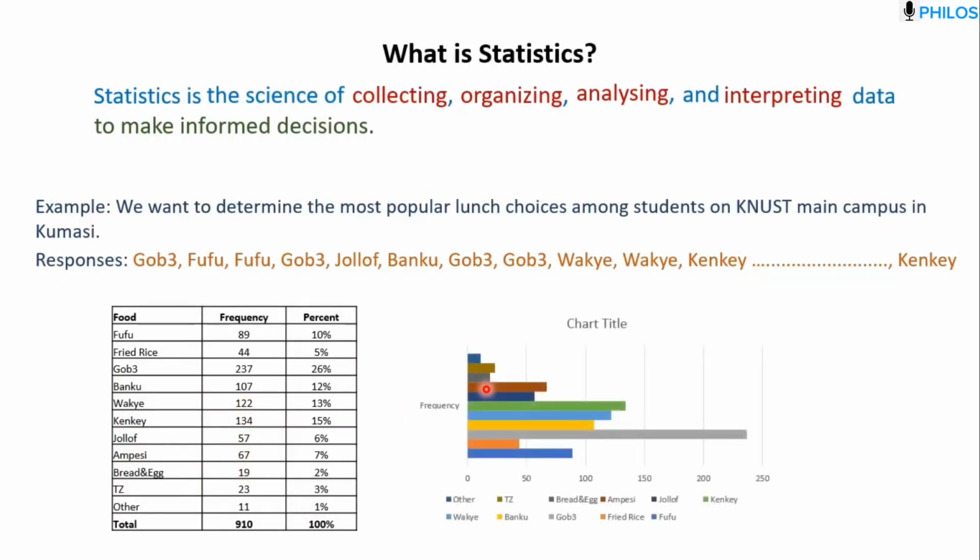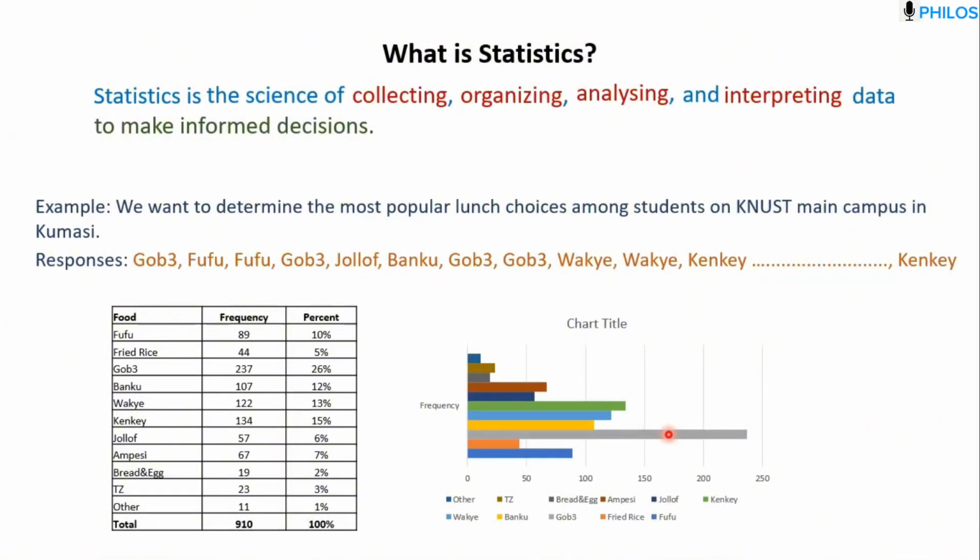You can also present it using a chart. Then you analyze the most common choice. So when you look at the table, the most common one is gobe, 237. And you can also see it from the chart. The longest bar, which is this bar, is for gobe. And finally, interpret the result, and you can use this to make informed decisions.